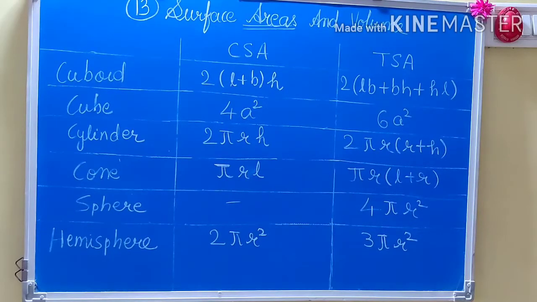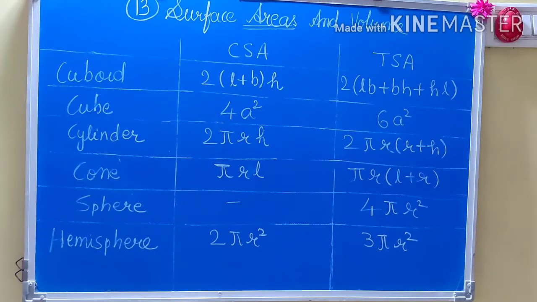CSA of a cylinder is 2 pi RH, where R is the radius and H is the height of the cylinder, and its TSA is 2 pi R (R plus H). Then CSA of a cone is pi RL and its TSA is pi R (L plus R). Then the sphere: we call it the TSA or surface area.